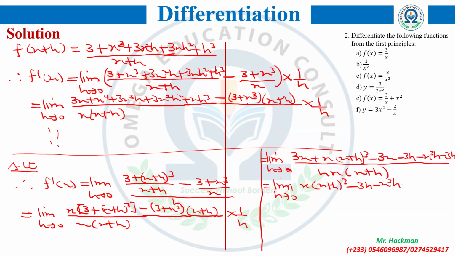Was this one also 3h? Let me see. This one was 3x, then 3h, so it's not 3h, it's 3x. Is that clear? No, I've done the 3x. Let me see, the minus 3x minus 3h. Then x cubed times x, so this will be x to the power 4. Minus x to the power 4, then minus x cubed h.